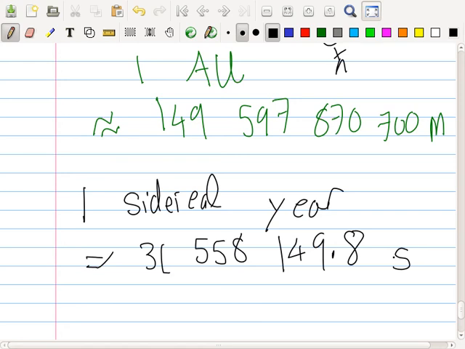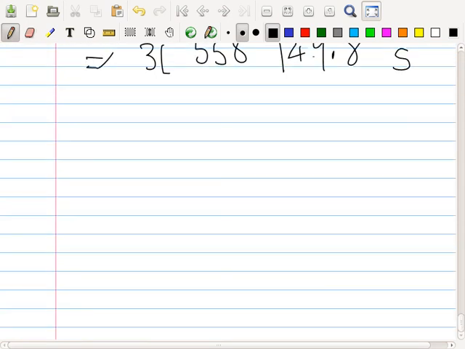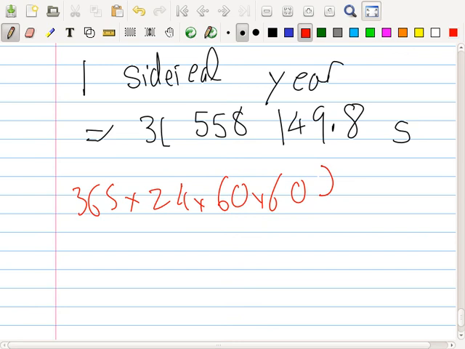Right, well, let me put it to you like this. 31,558,149.8. If you take 1 year, if I do 365 multiplied by 24, multiplied by 60, multiplied by 60, it will be smaller than this one. And how much smaller?